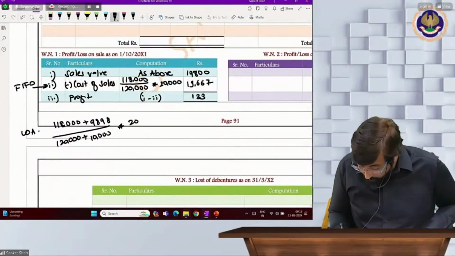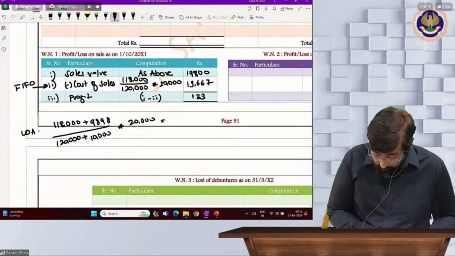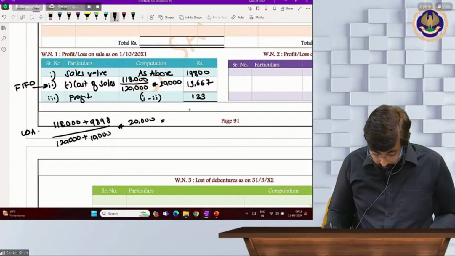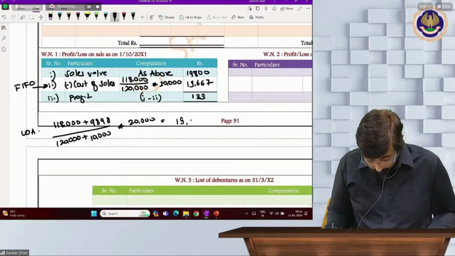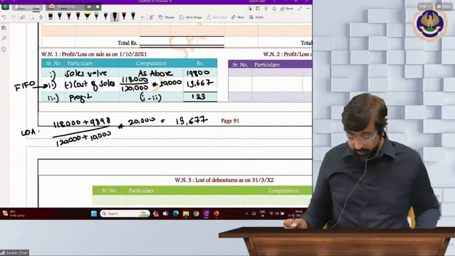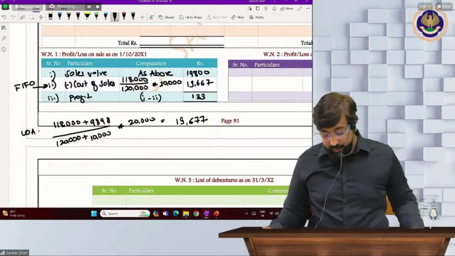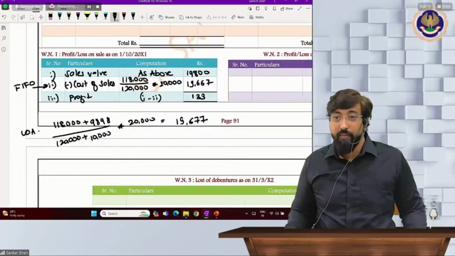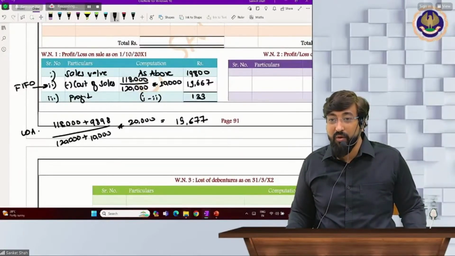And what is for 20,000? My answer will be 1,18,000 plus 9,898 divided by 1,30,000, which is 19,676 or 77. So as per weighted average, my answer will be more by rupees 10.